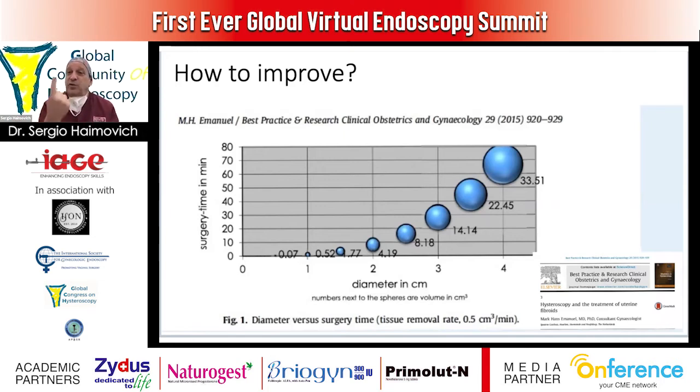So if we reduce even 1 centimeter, it doesn't matter the technique you are applying, you will reduce the time in the OR, you will reduce anesthesia, you will reduce many factors for the patient. And in office, you will succeed in doing the enucleation if you reduce the size of the myoma. That's why it's very important to find a way to reduce the myoma size.